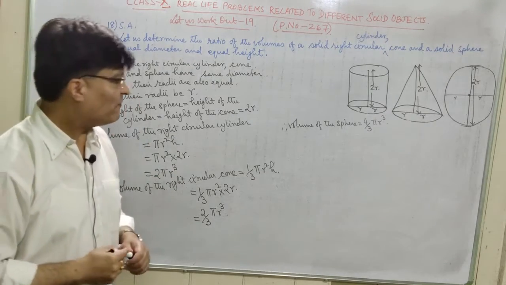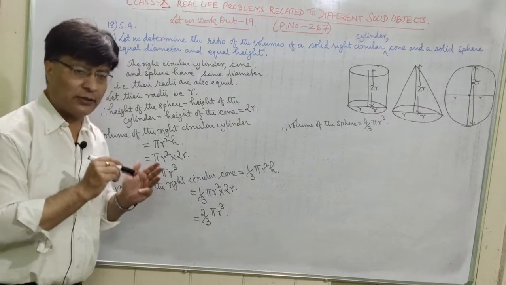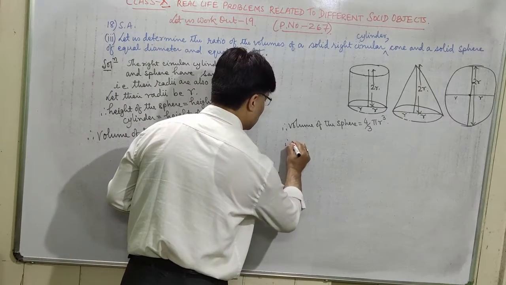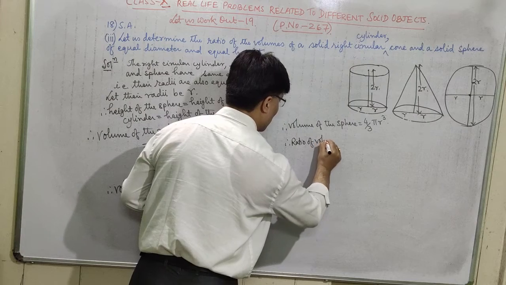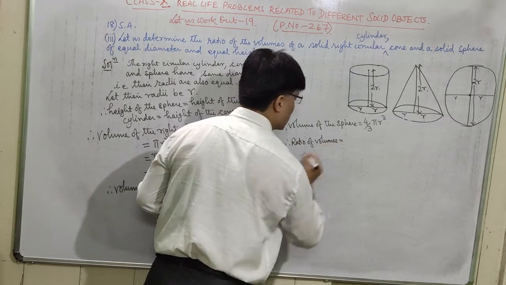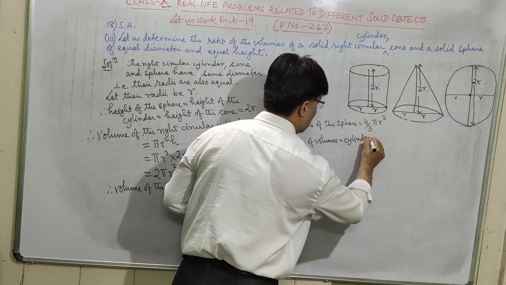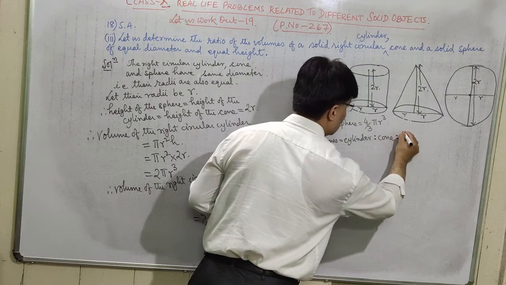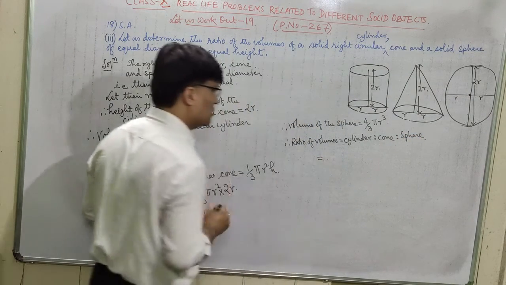So now let us find out the ratio of the volumes of the cylinder is to cone is to sphere. So let us write here ratio of volumes is equal to cylinder is to cone is to sphere.